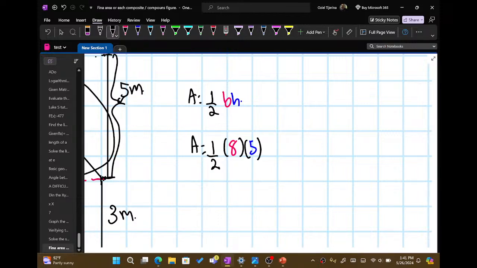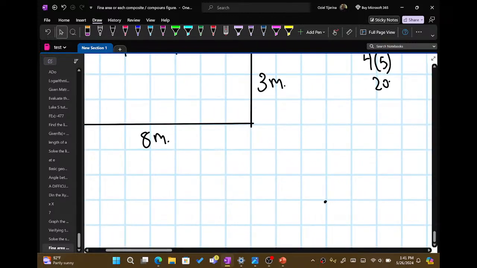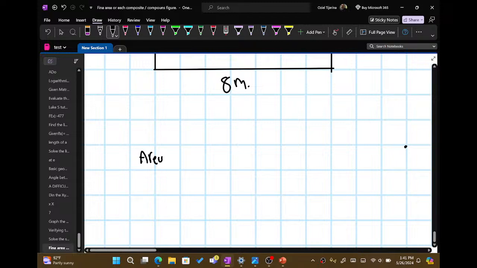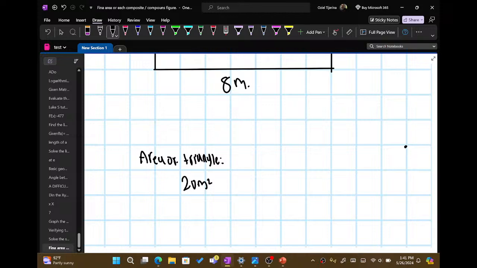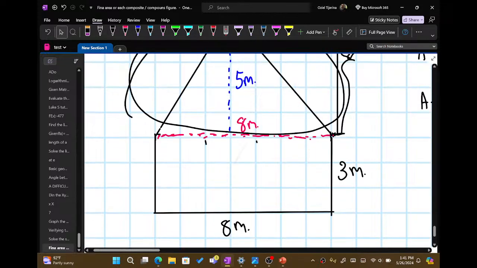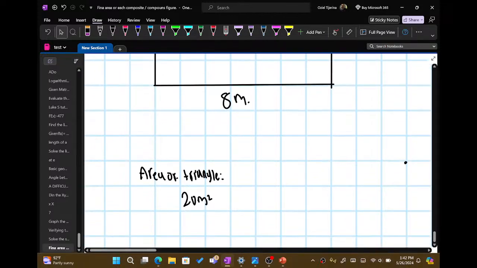This is 4 times 5, which is 20. So we know that the area of the triangle is 20 meters squared.